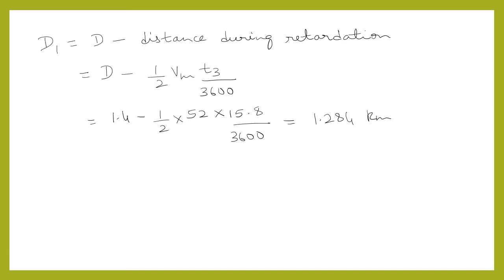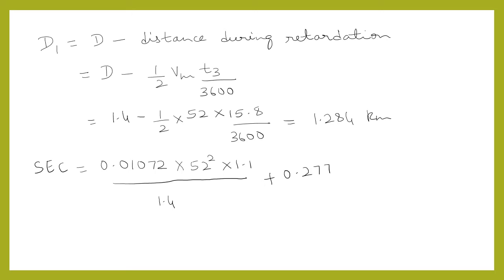So next, the specific energy consumption is equal to 0.01072 into 52 squared into 1.1 by 1.4 plus 0.2778 into 50 into 1.284 by 1.4.